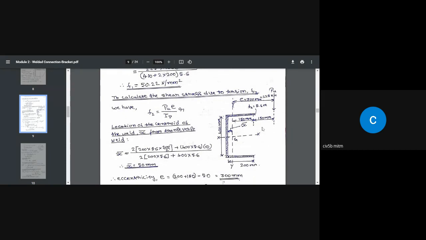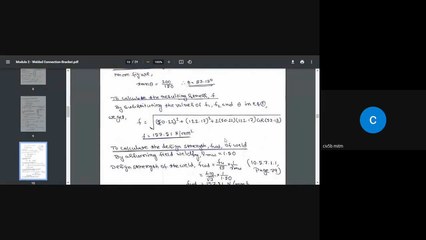Similarly, there is one more tiny unit area of 1 millimeter by 1 millimeter here, which is going to be subjected to the same shear stress. Any weld further inside, the stress F value is going to be less. So here we get the maximum value. So F equal to this much.